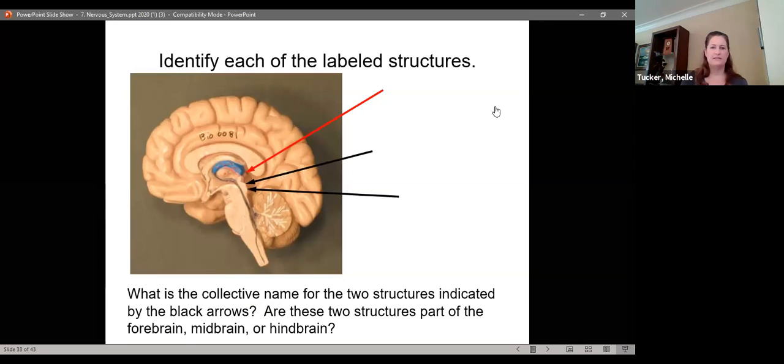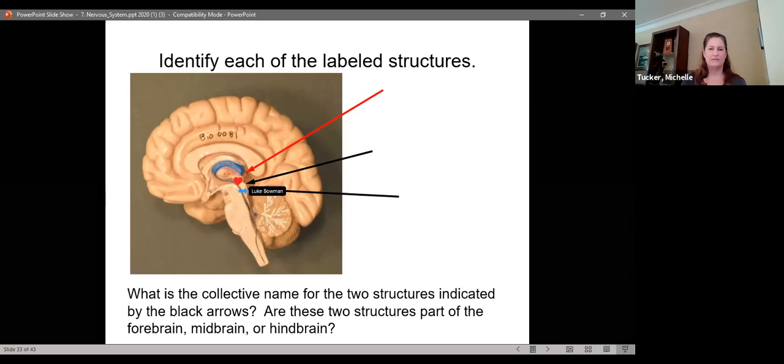So now this is looking at a couple of midbrain structures and then a not midbrain structure. So the two black arrows are midbrain structures. Go ahead and put a heart on the superior colliculi, and then an arrow at the inferior colliculi. Yep.